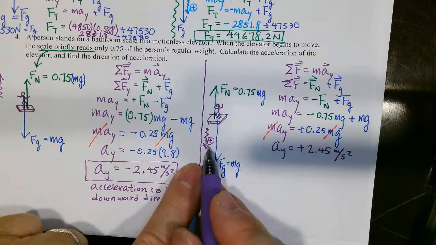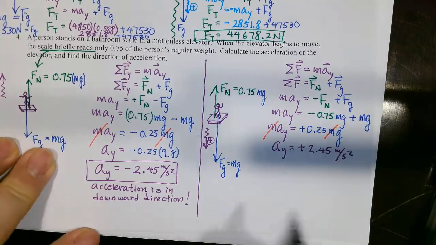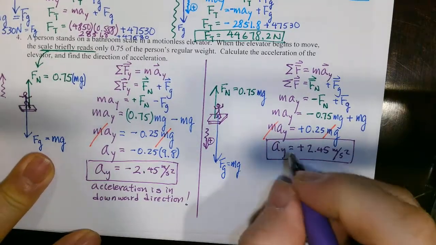Look, it's still down because it's positive, and we call positive down. It's still, acceleration is acting downwards.